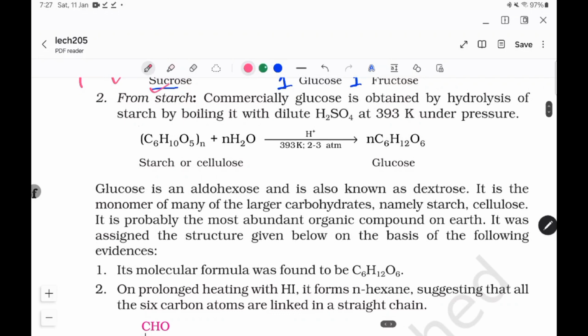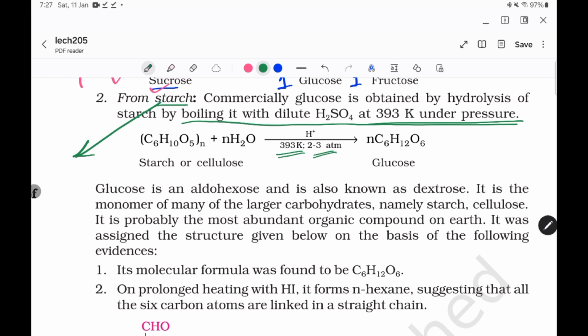The second method is an industrial method, where we synthesize glucose on a large scale from starch. We are going to boil this with dilute H2SO4 at 393 Kelvin under pressure. So in the exam you can just write high temperature and high pressure also.